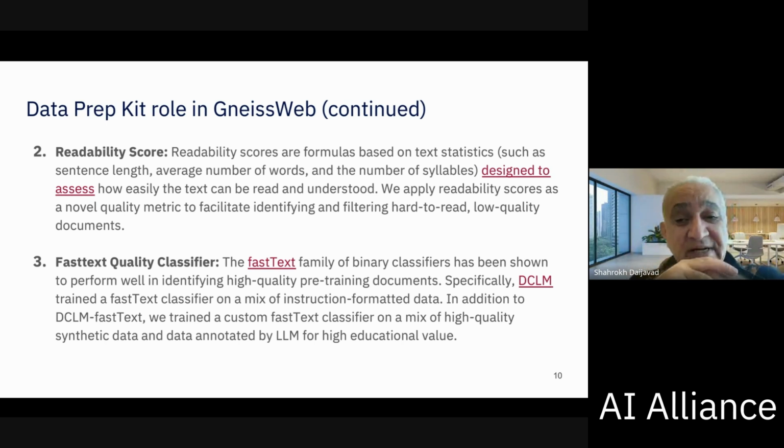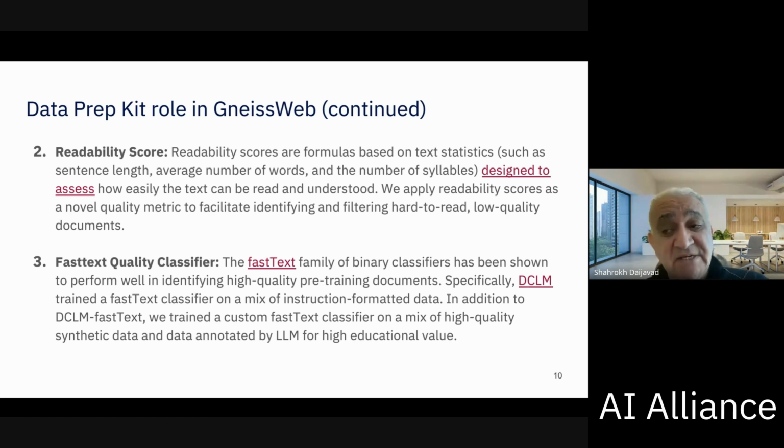Readability scores. Readability scores are formulas based on text statistics: sentence length, average number of words, number of syllables, and so on. Again, there's a reference here that you can click on. It will get you there, and it will show you how these readability scores and categories work, what counts as high quality readable or less readable, what the categories are and what the scores are.